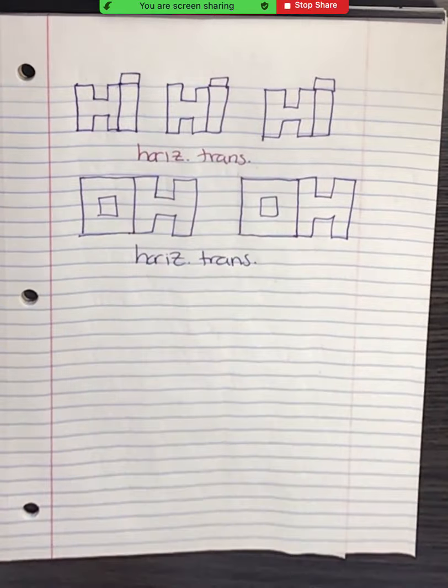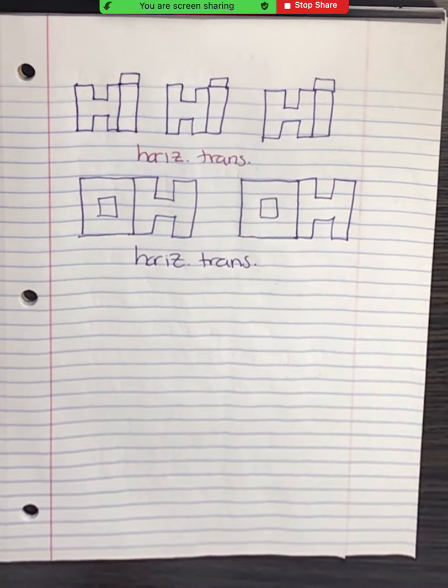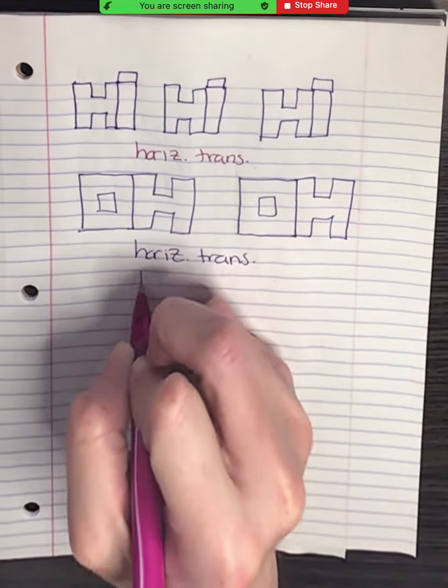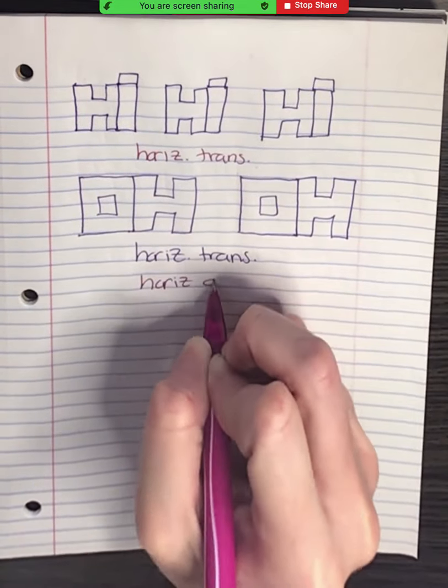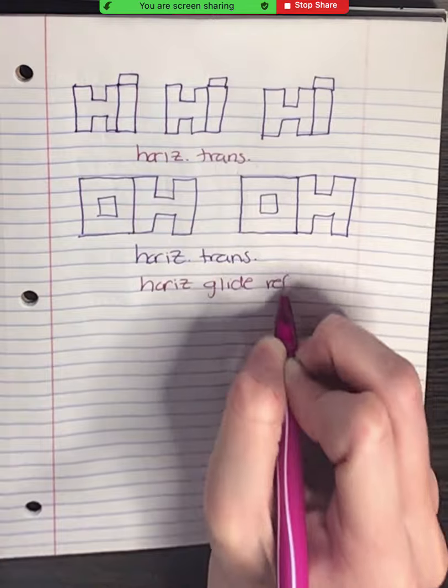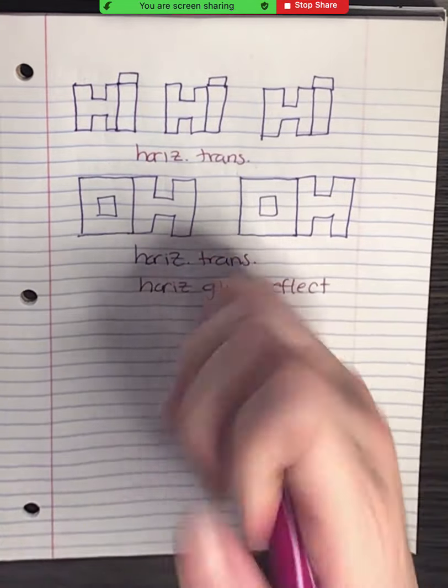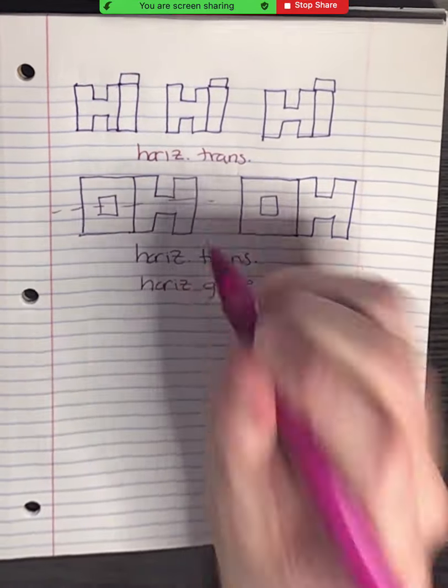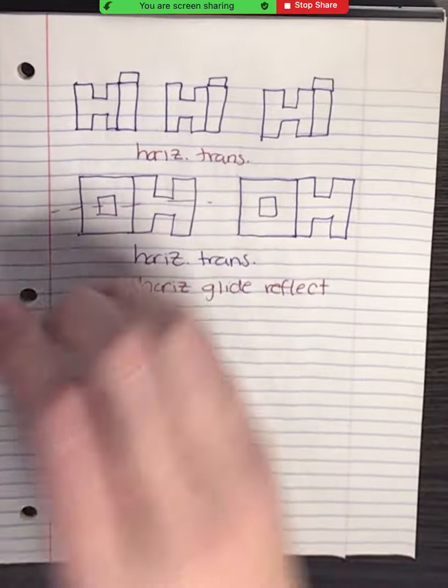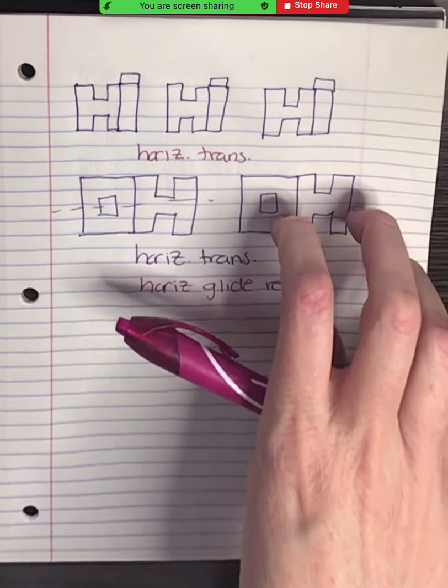Okay? And then there would be a horizontal glide reflection because you would reflect it in the horizontal line here. So top comes to bottom, bottom comes to top, and then you would glide it over. Okay?